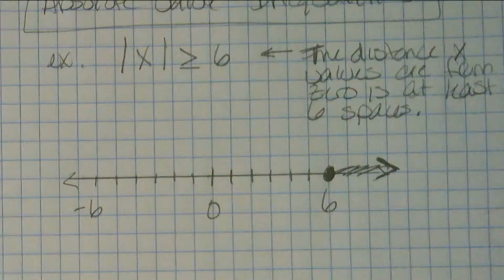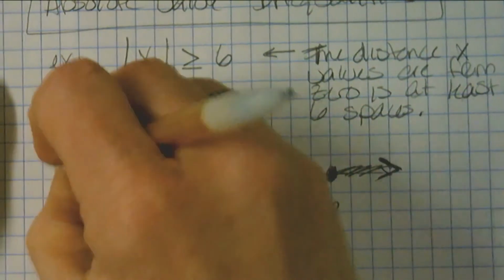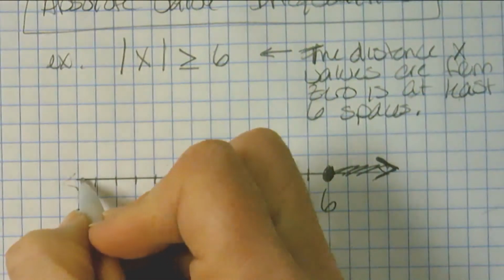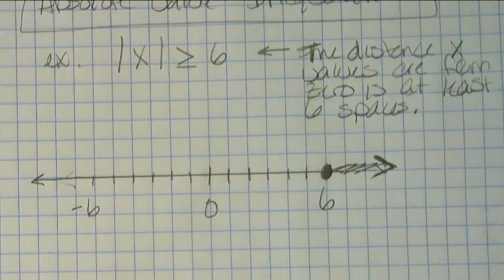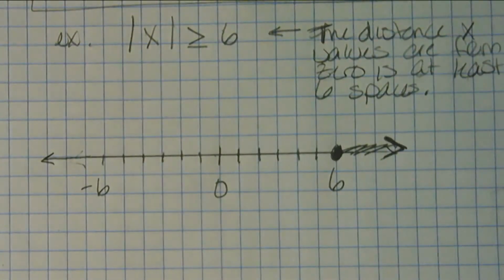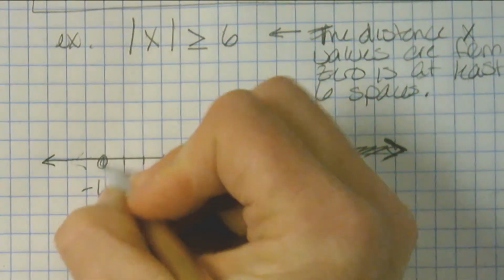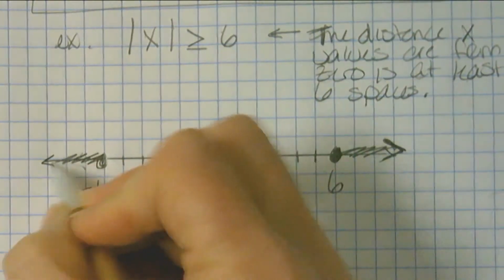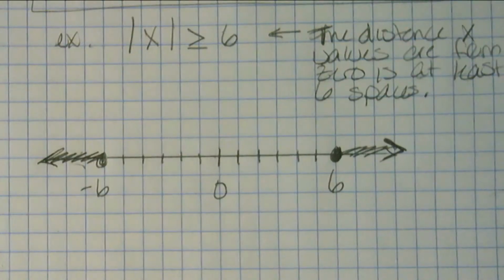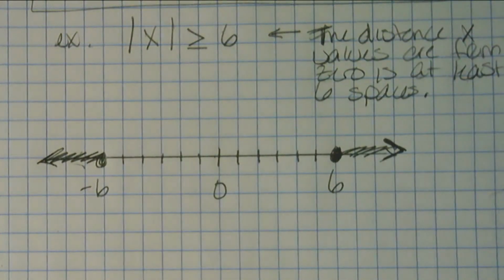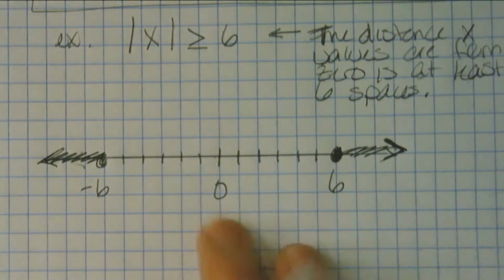What is the other possibility on my graph? Elle? Yeah. How many of you guys see that as the other possibility? So if I was to write that as an inequality statement, what would you write?